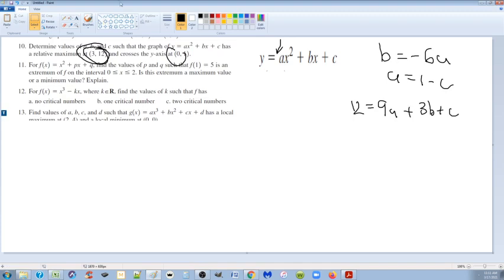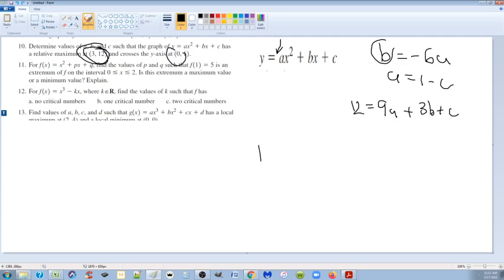Let's first solve it by putting in this value of b and this value of a, and we'll solve it. So you get 12 is equal to 9 times 1 minus c plus 3 times b. Oh yeah, no, let's solve it one step at a time.